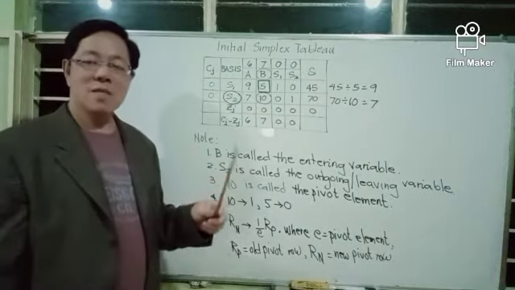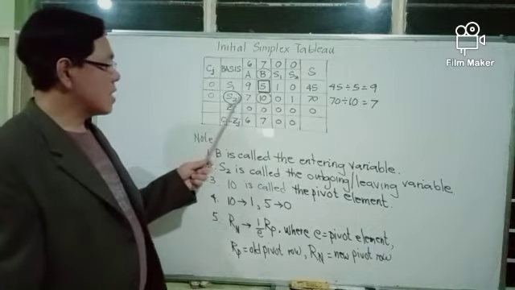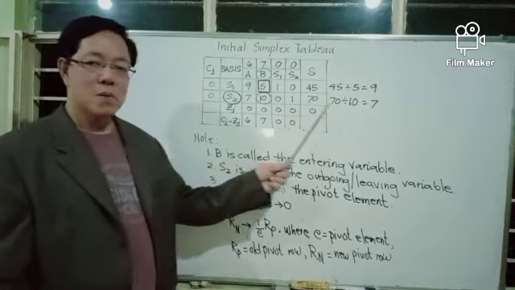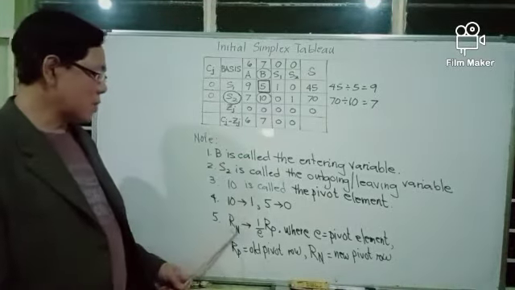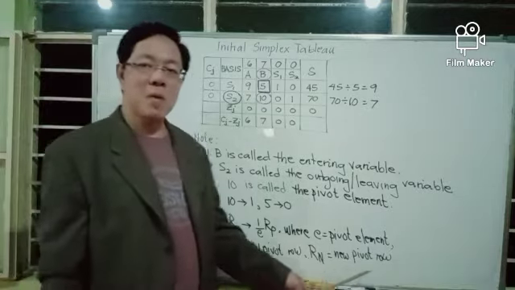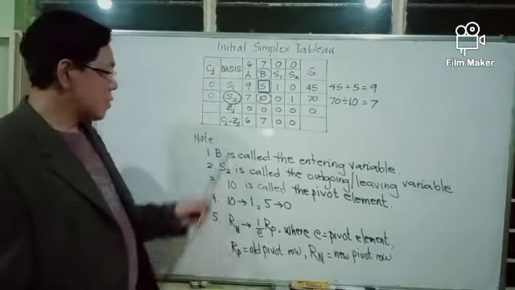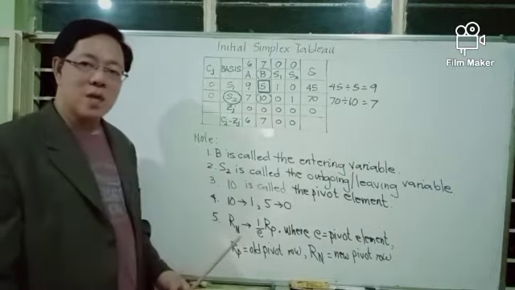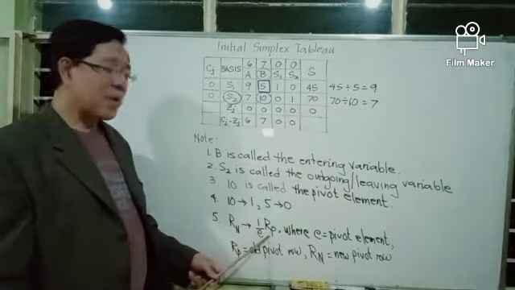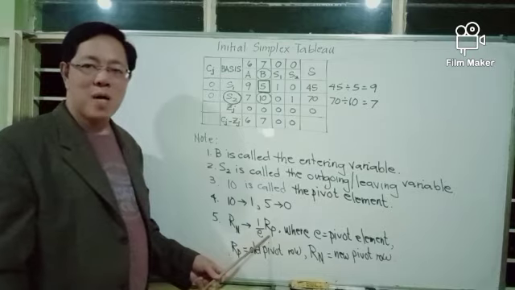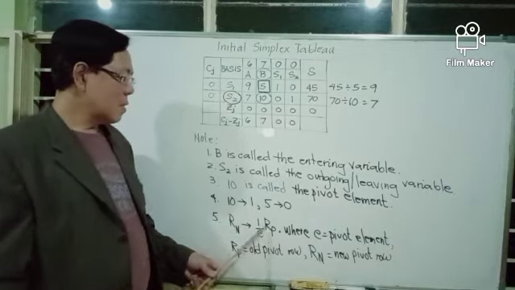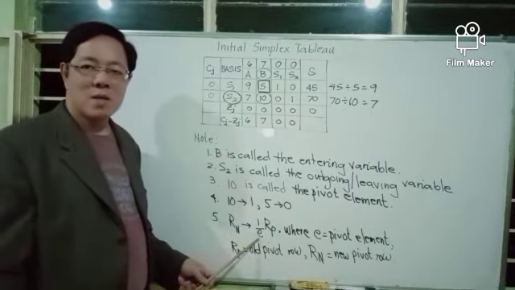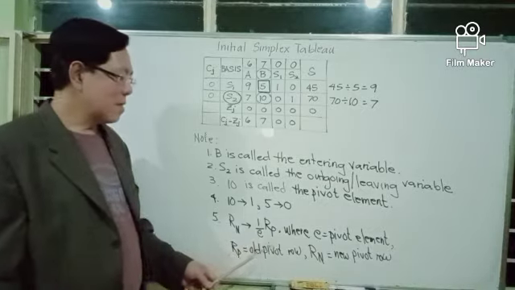In the second simplex tableau, the new entries of the new pivot row, R sub n, are obtained by multiplying the entries of the old pivot row by the reciprocal of the pivot element.